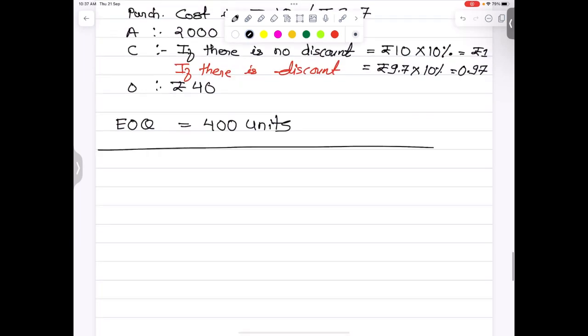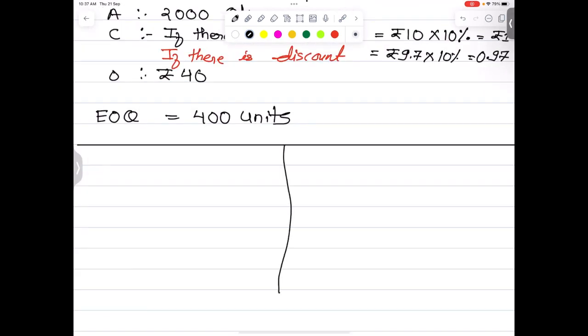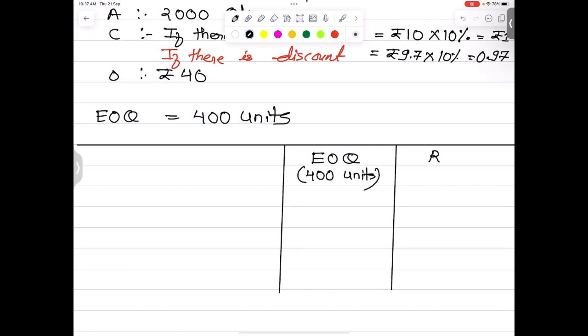So now we will make the comparison. If we order through EOQ quantity, that is 400 units, and if we order through ROQ quantity, that is 2000 units.